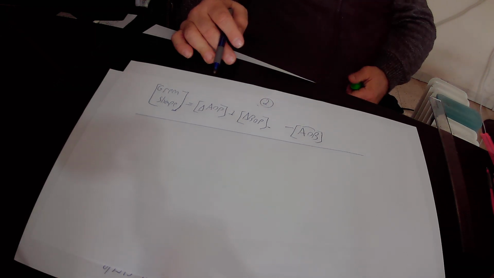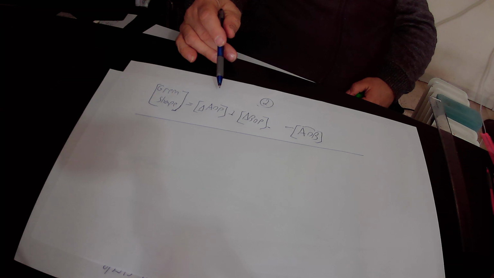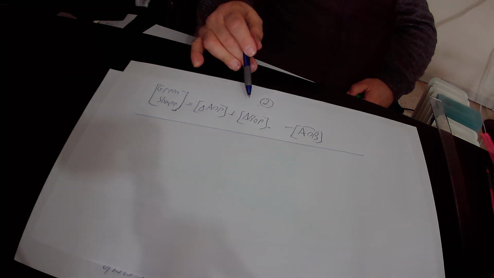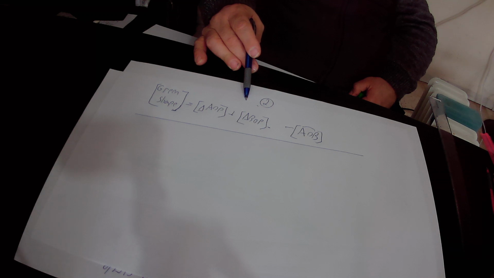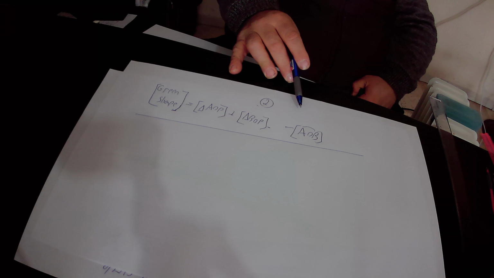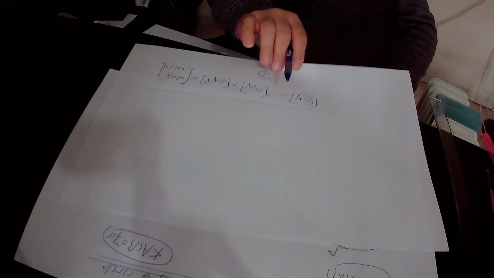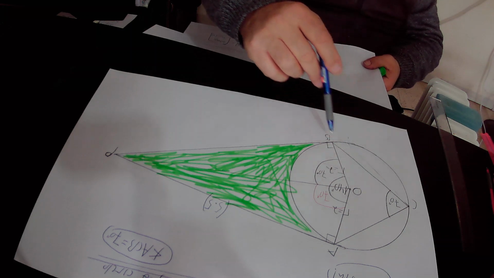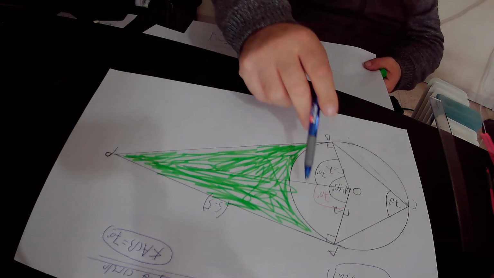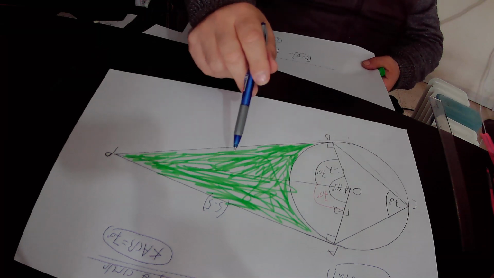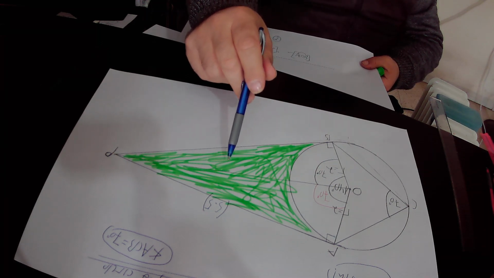Again, the area of the green shape in total equals the sum of the areas of the right triangle AOP plus the right triangle BOP, that gives the area of quadrilateral AOBP, and then we subtract the area of sector AOB, and this will give us the area of this green shape.